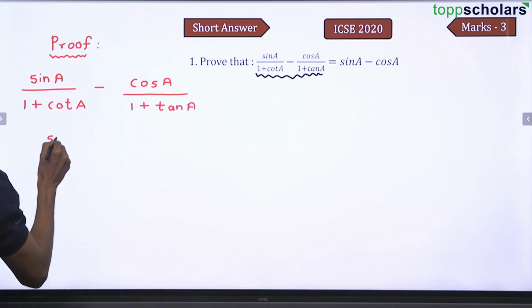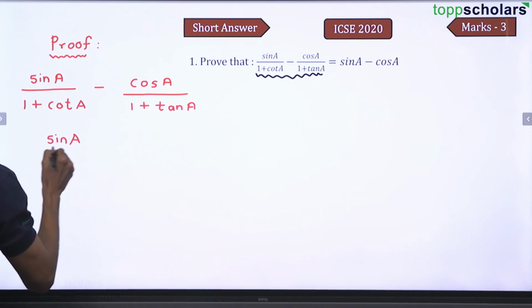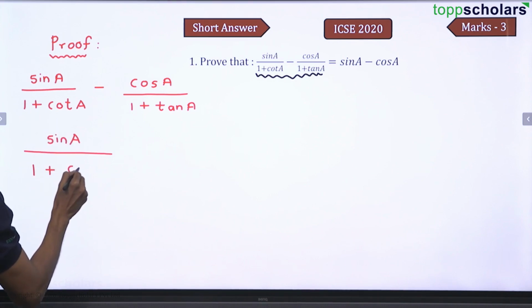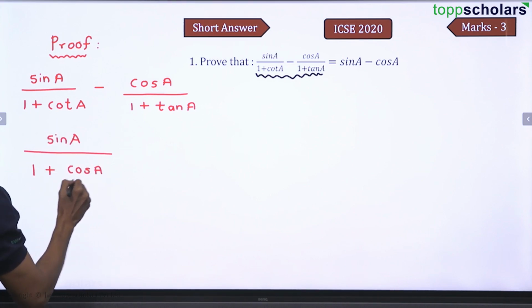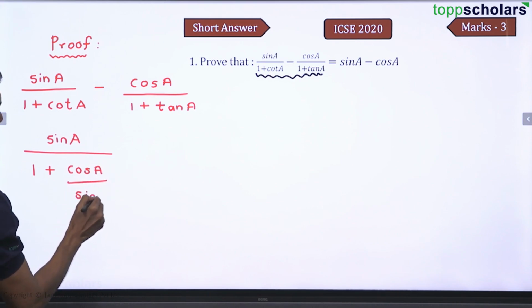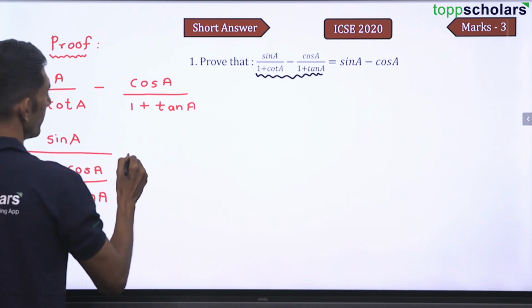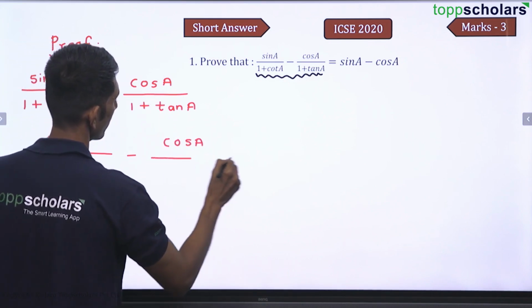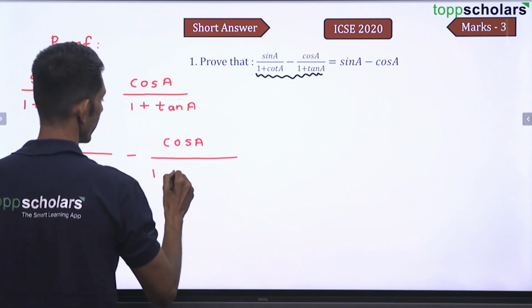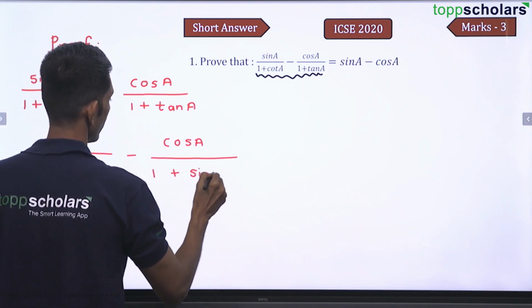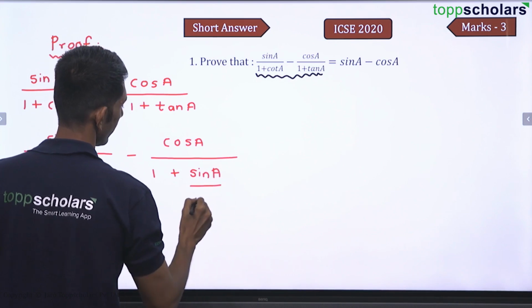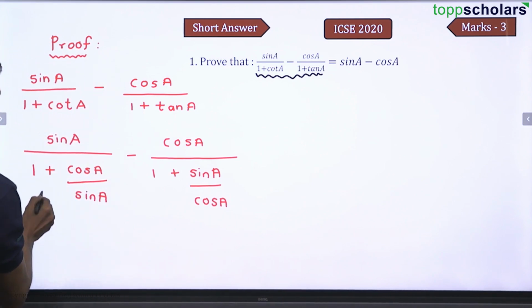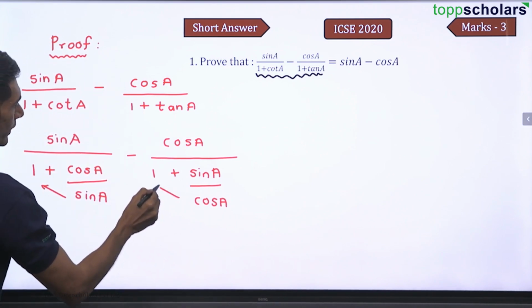So this can be written as sin a by 1 plus cot a can be written as cos a by sin a minus this is cos a by tan a can be written as sin a by cos a. Now here you can cross multiply, here also you can cross multiply.